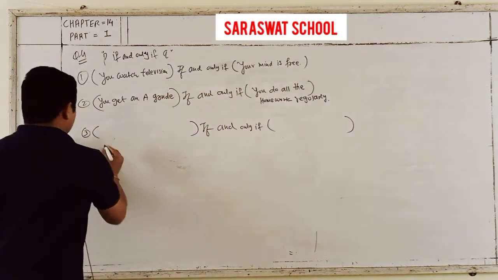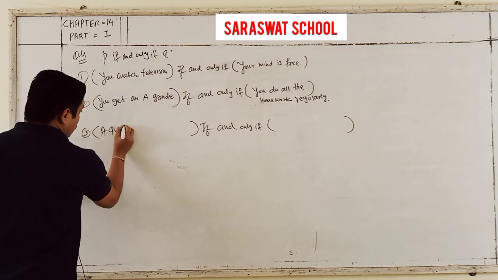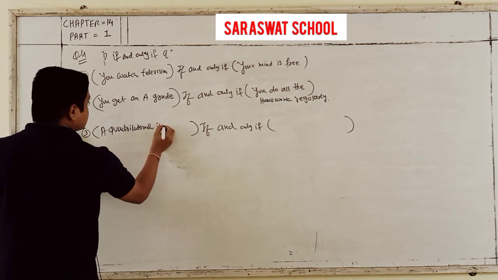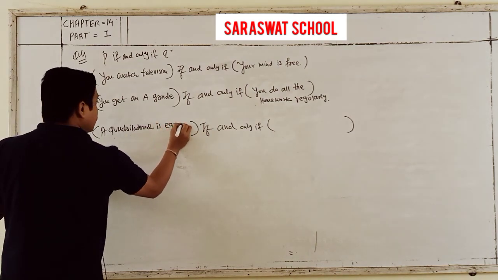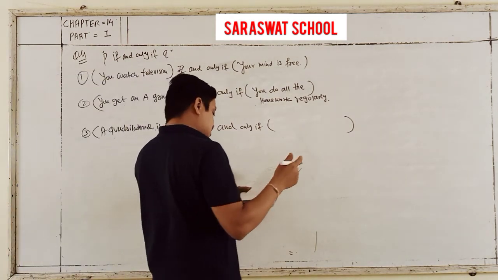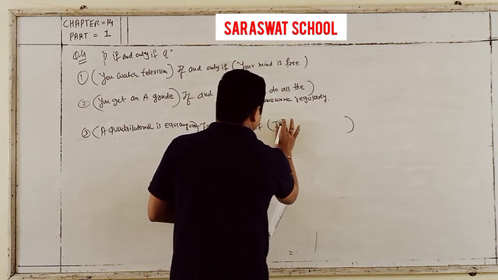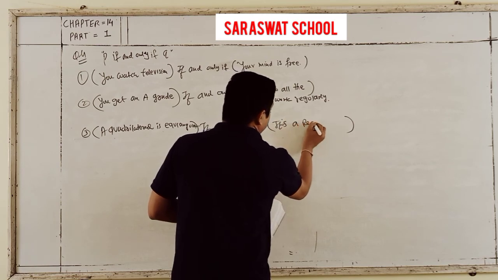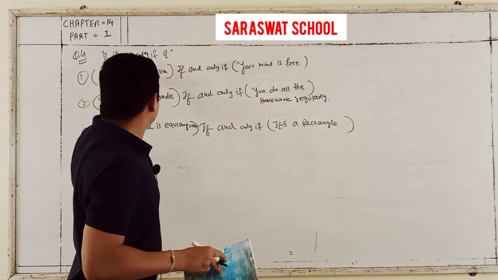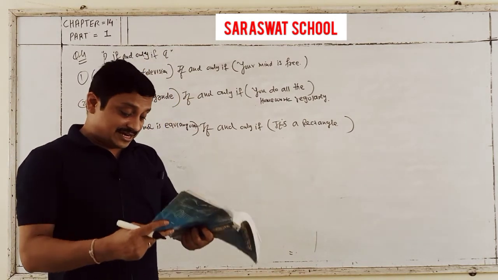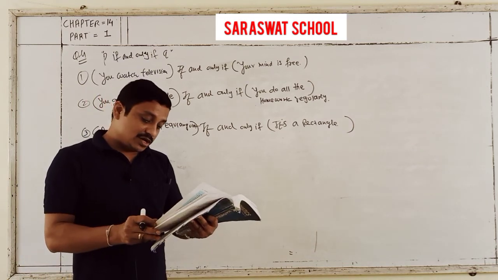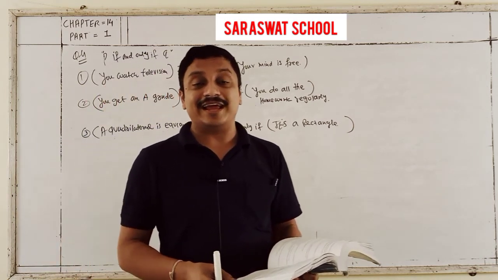So write down: a quadrilateral is equiangular if and only if it is a rectangle. This indicates, students, double implication. If and only if indicates what? Double implications.